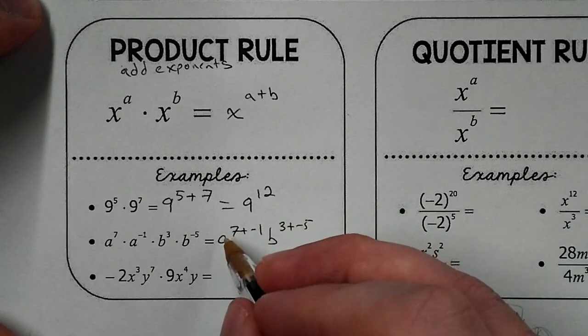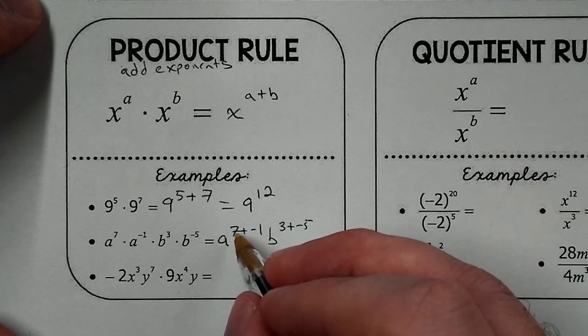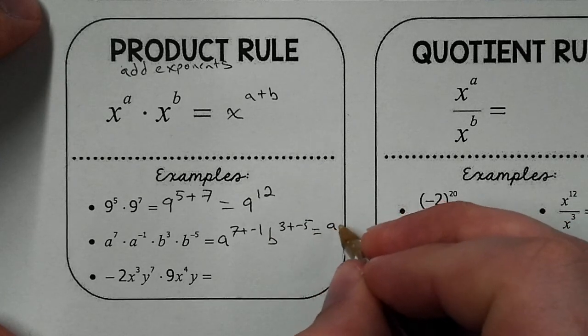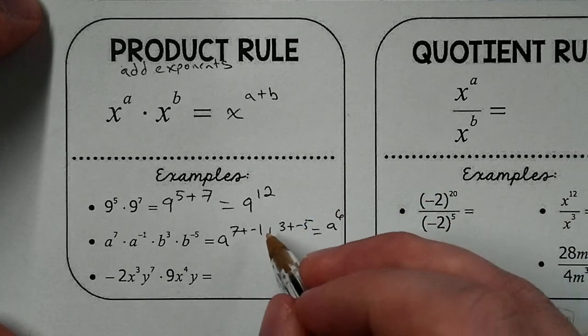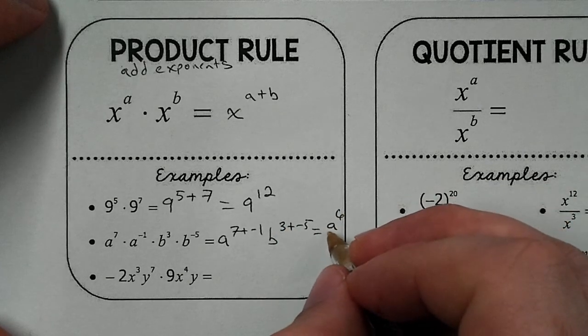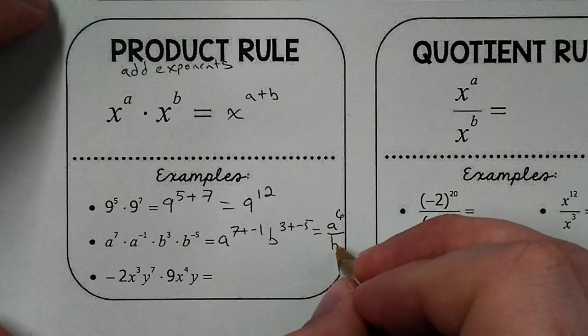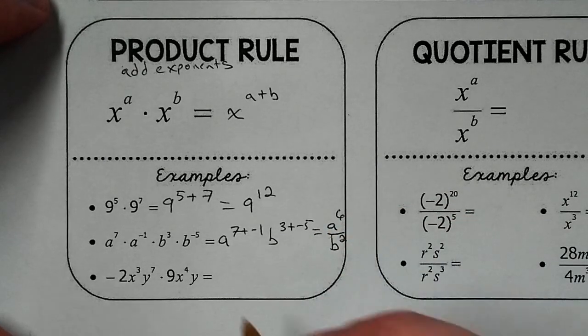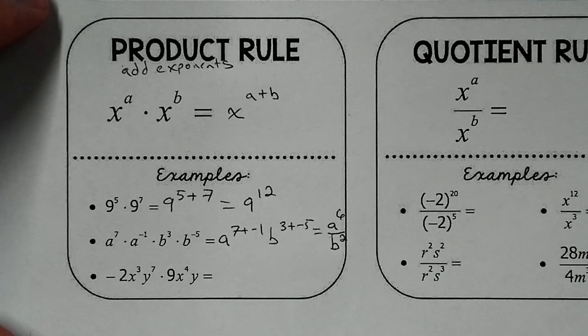Now when we combine this, 7 plus negative 1 is 6, so we would get a to the 6th. Now when I add 3 plus negative 5, I get negative 2. So that b is going to go on the bottom, and instead of negative 2, it'll flip over to positive 2. So this one we had to combine our negative rule as well.